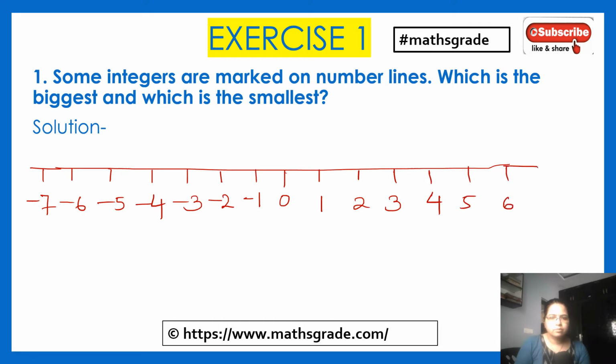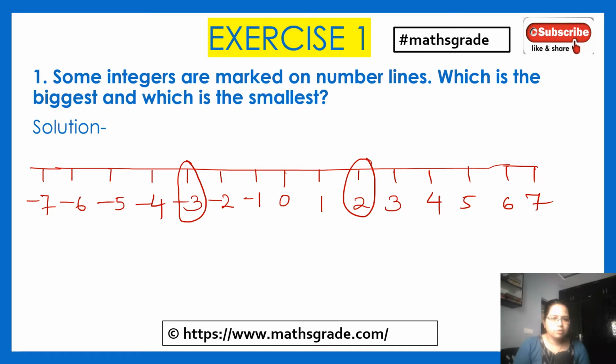6, 7. -3 and 2. These two integers are given within circles, and we have to find out which is the biggest and which is the smallest.